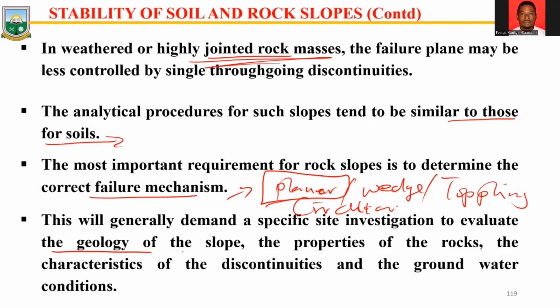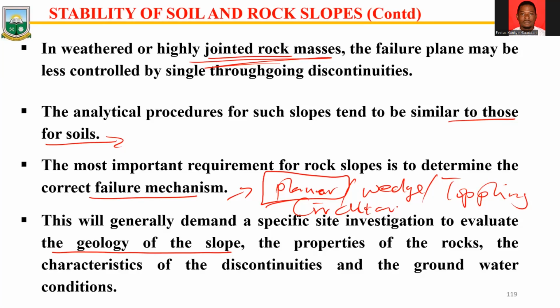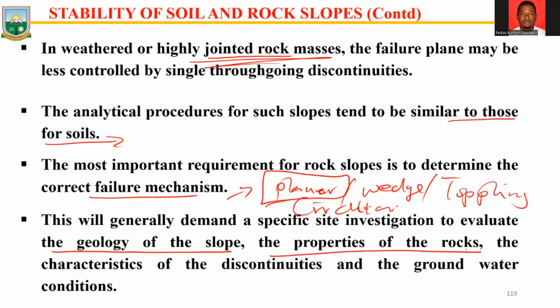The geology of the slope: you might have gotten some information about the geology of the area, but now you are narrowing it down to that section where you are constructing your slope. What is the geology of that place? Then the properties of the various rocks there. And then when you know them, what are the discontinuities that are likely to occur at your cut face? And then lastly, you have your groundwater, which you can't do anything without.